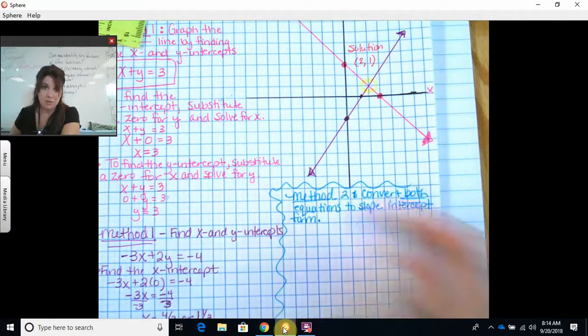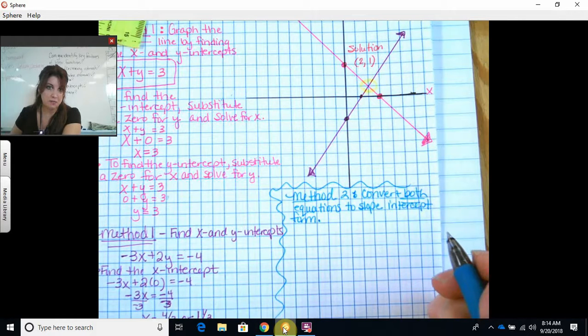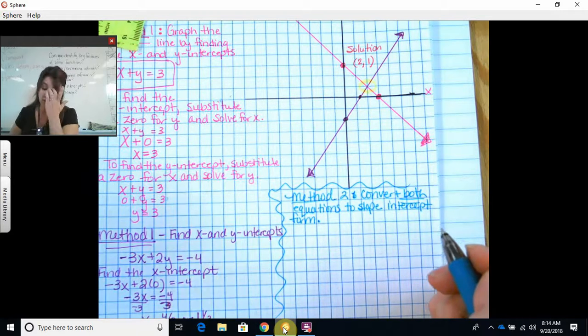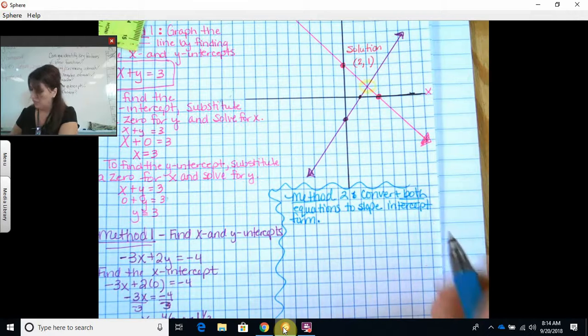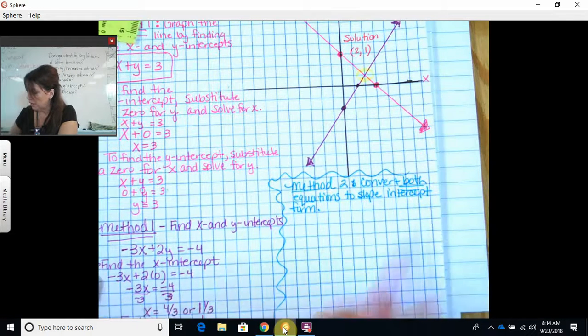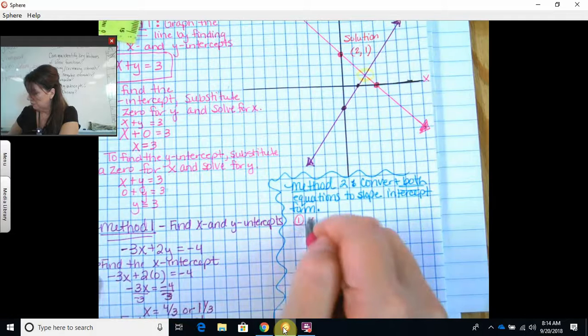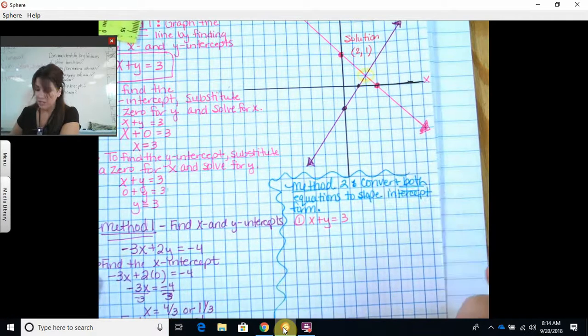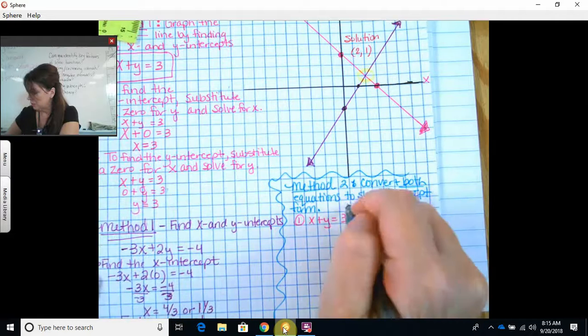In this example, they were both given to us in standard form. Sometimes you'll be given equations both in standard form, both in slope-intercept form, in no kind of form, okay? So you might have to convert it to one or the other. So for x + y = 3, that's my pink line. Slope-intercept form, remember, is y = mx + b.